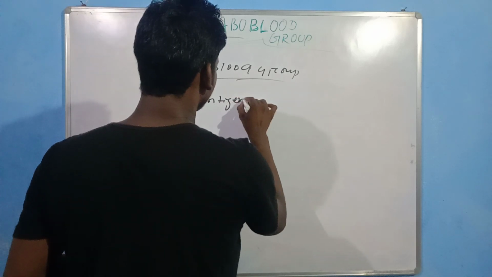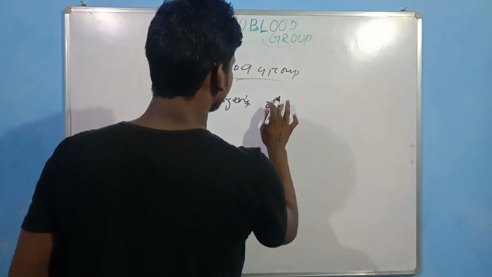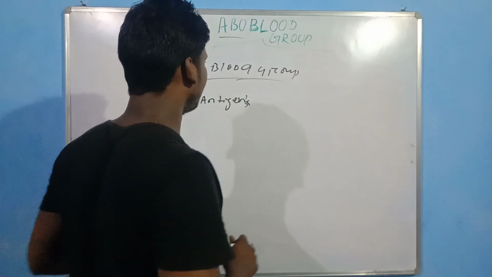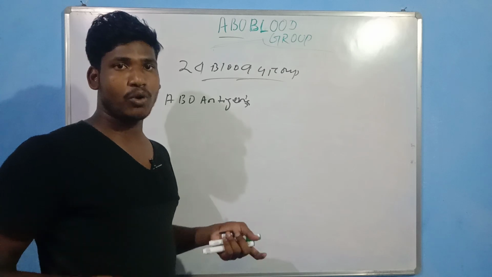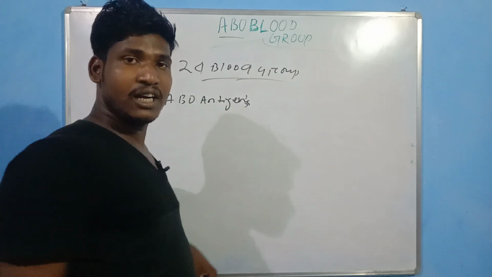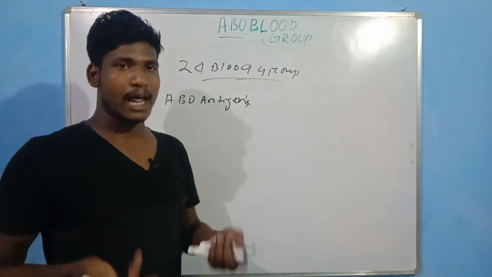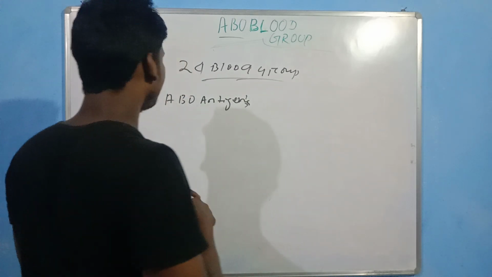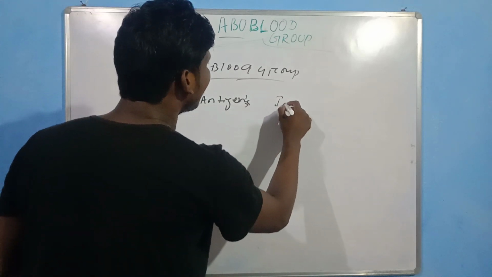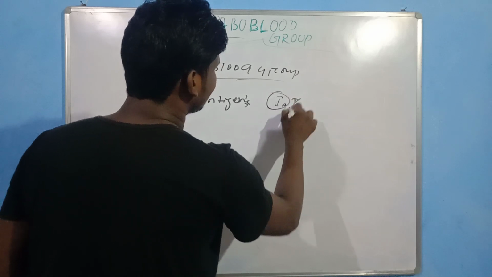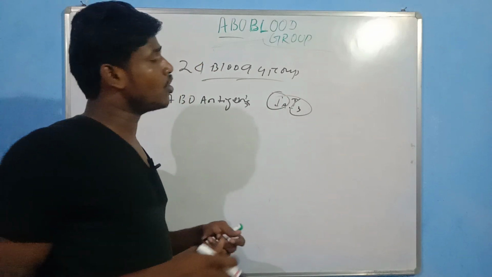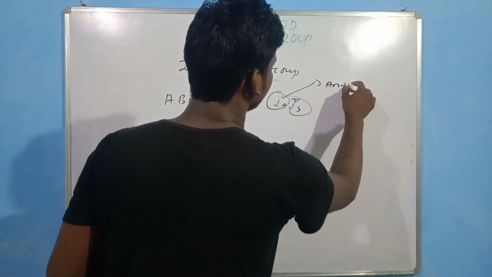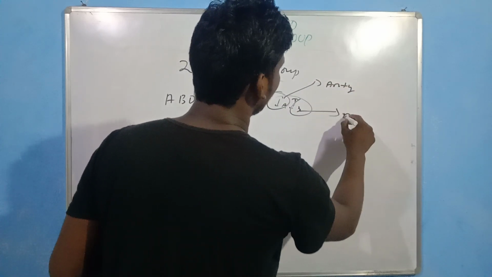Carbohydrate plus protein is called glycoprotein, and carbohydrate plus lipid is called glycolipid. IA and IB are alleles that help in the production of the A antigen and the B antigen. IA produces the A antigen and IB produces the B antigen.